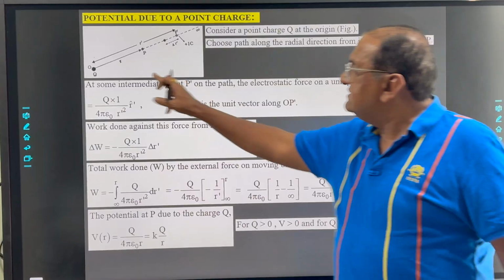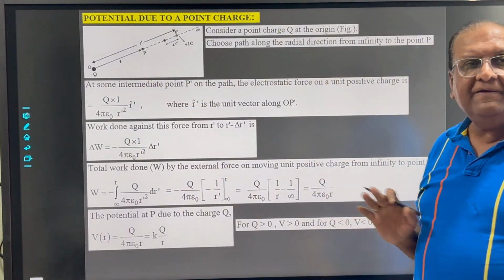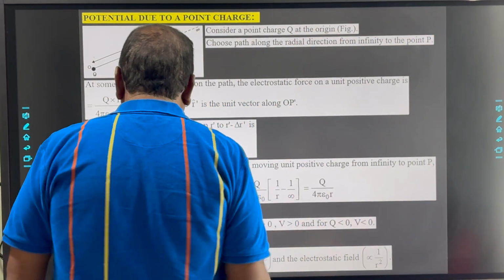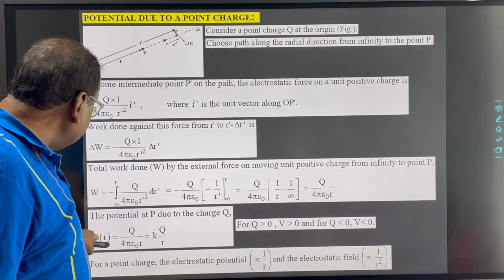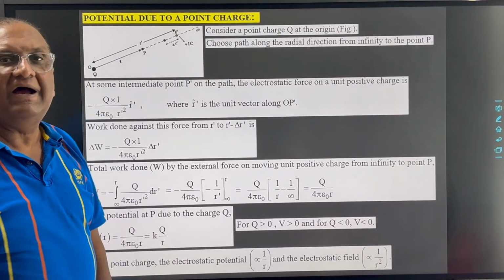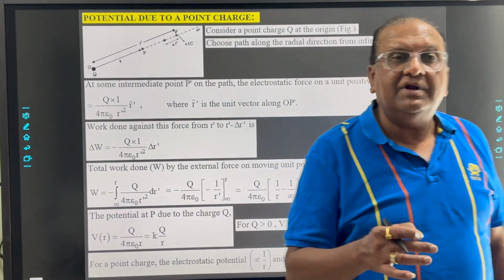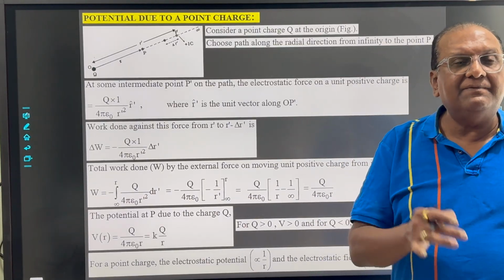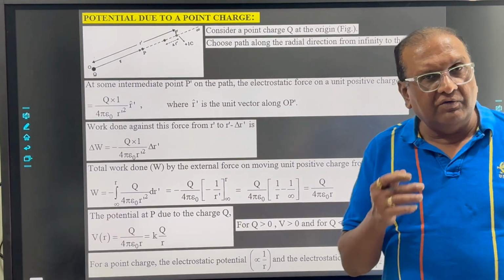If Q is negative, then potential will be negative. So here we can see that for a point charge, the electrostatic potential is proportional to 1 upon R. In the previous chapter we studied that for a point charge, the electric field is proportional to 1 upon R square. Clear to all of you?